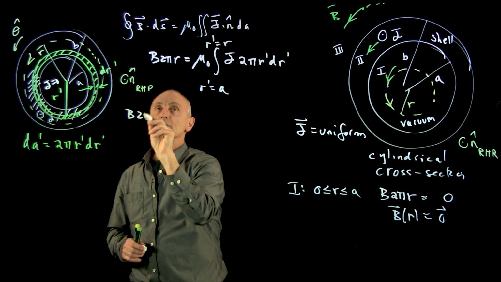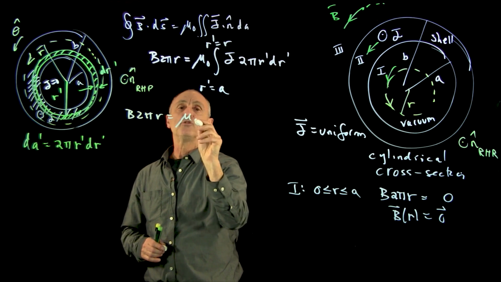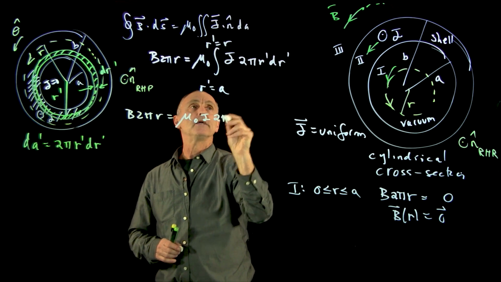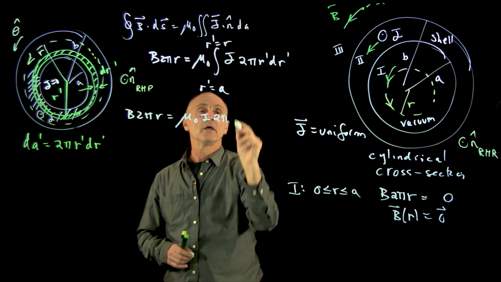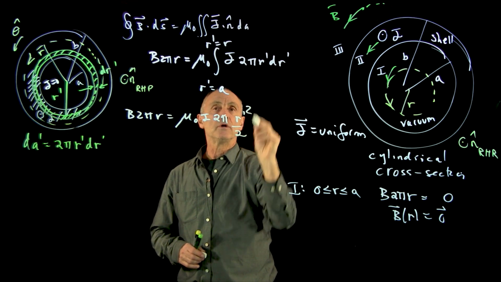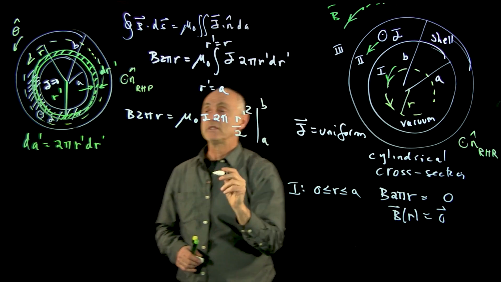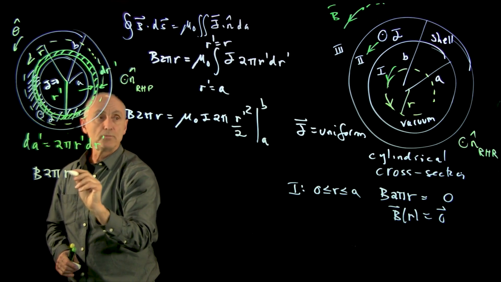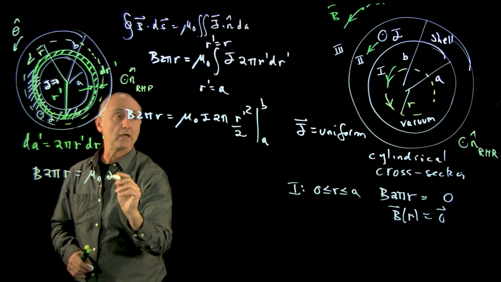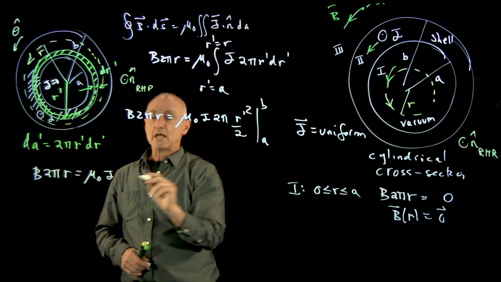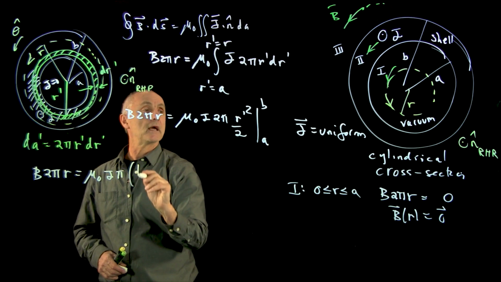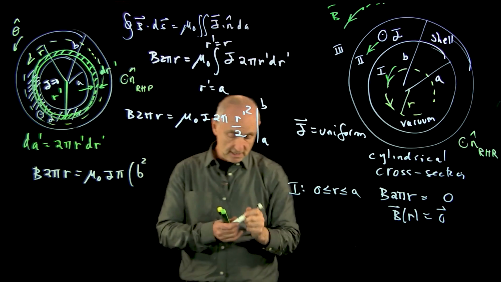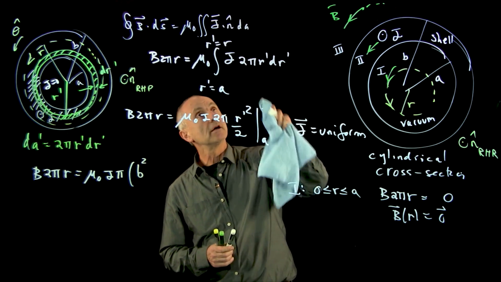So we get B times 2 pi r equals mu naught J, 2 pi, integral of r prime dr prime, which is r prime squared over 2, evaluated between the endpoints. And so I can conclude that B times 2 pi r equals mu naught J. The 2's cancel, the pi, and I get b squared. Oops. See, I made that mistake.